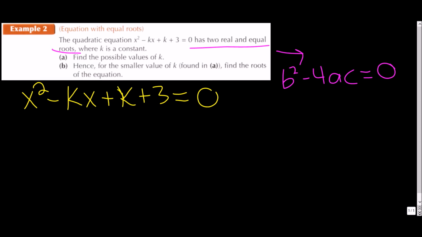A represents the number of x squareds we have. There's one x squared. B represents the number of x's we have. I've got a negative kx, so that's b. Now c represents the constants.